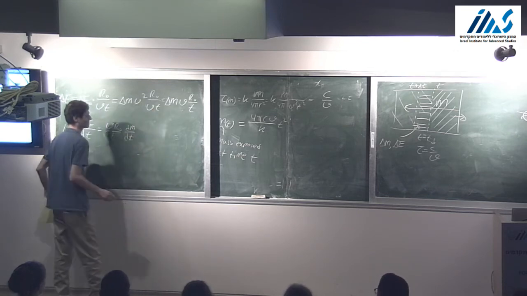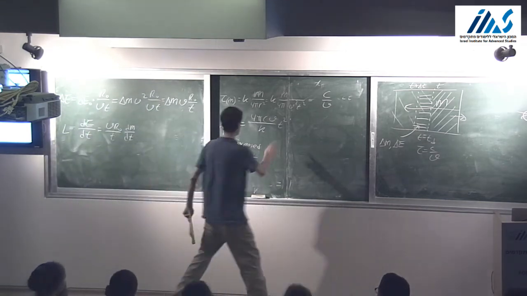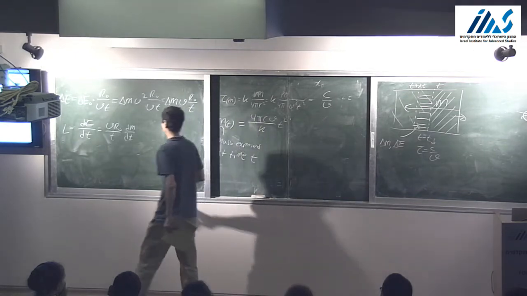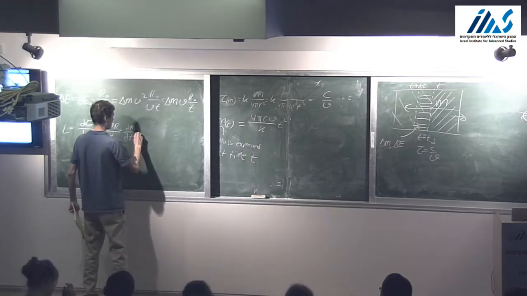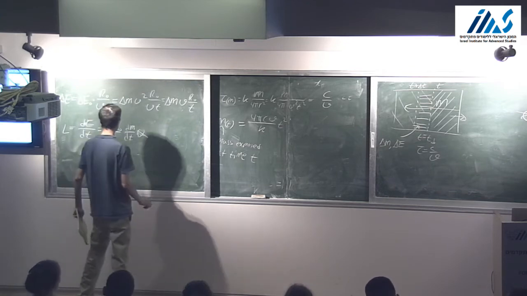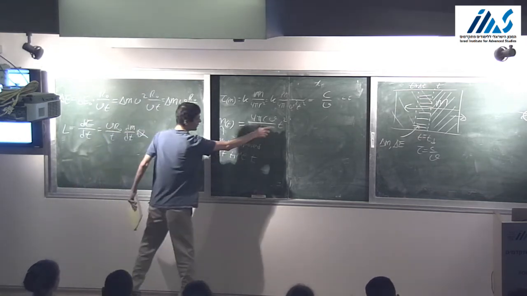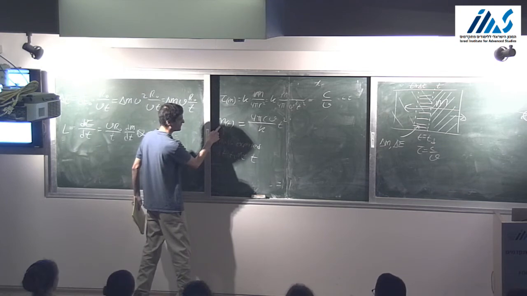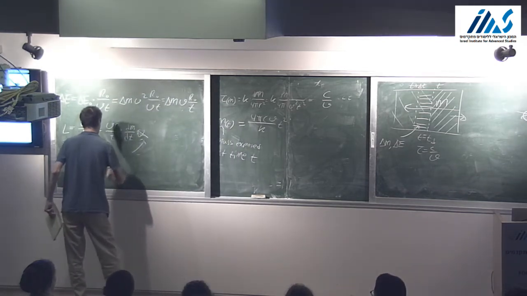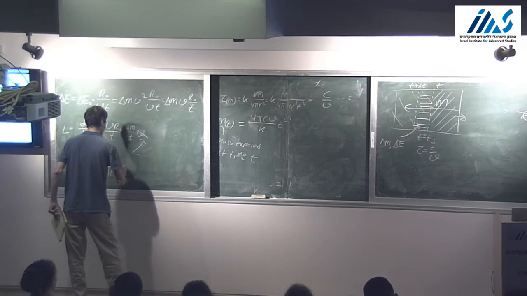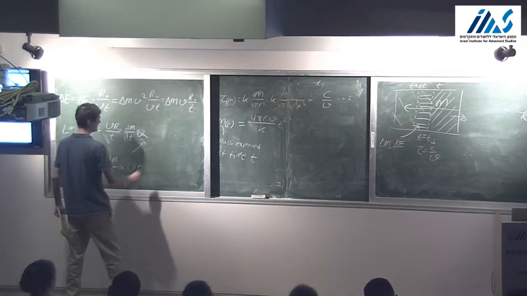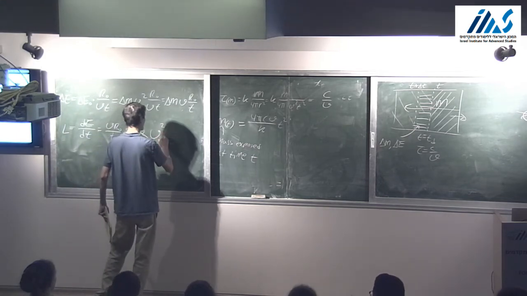Simply that. Now m goes like t squared, so dm/dt goes like t. I will write it here: dm/dt goes like v times t. So I get that this is going like v squared times t.